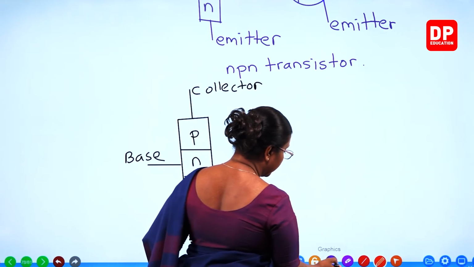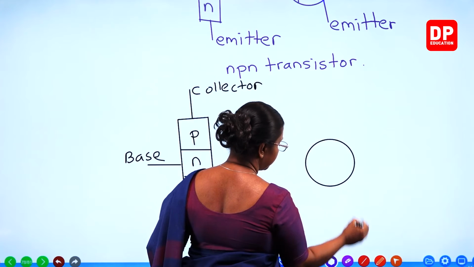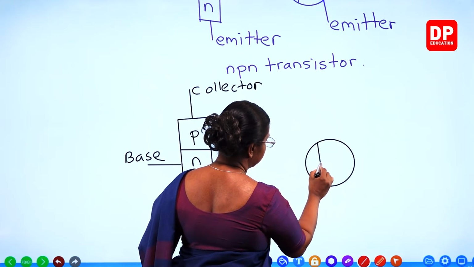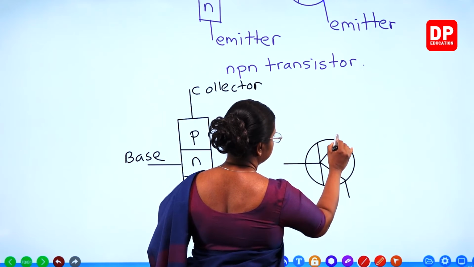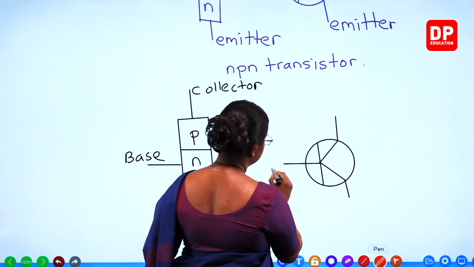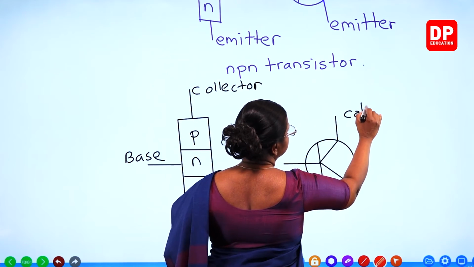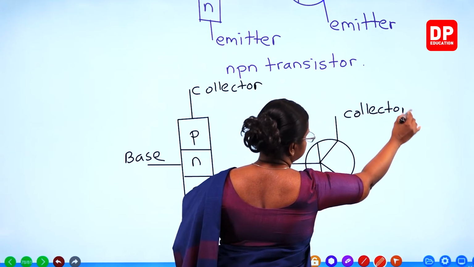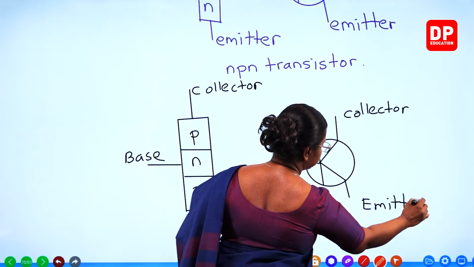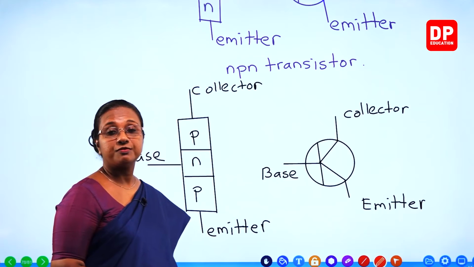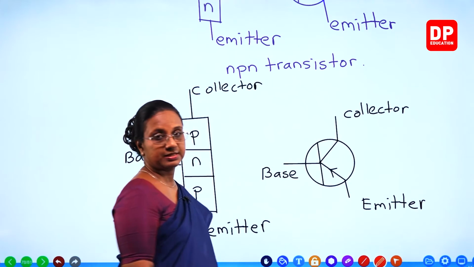So how do you show the symbol? Symbol is going to be like that. So here this is going to be the base, collector, emitter. Then what is the direction of the current flow? It is from emitter to base.